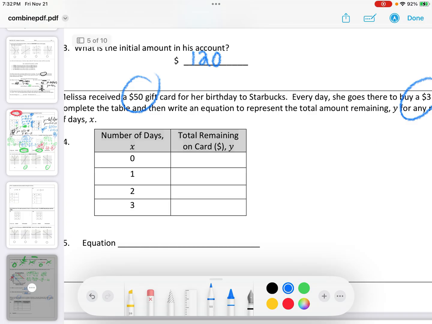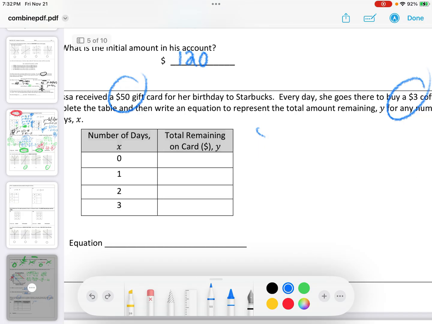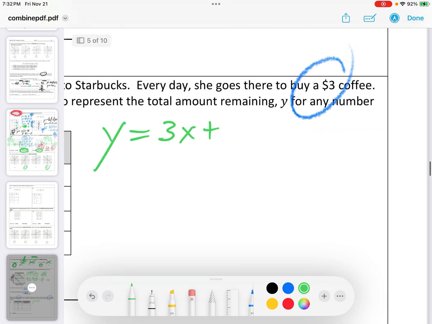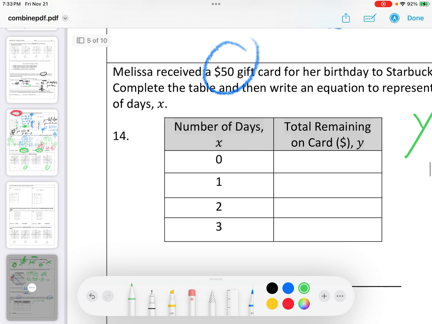So I'm going to write it with Y and X first. Let me use a regular pen here. Y is equal to $3 times however many she buys. Well, that's 50. That's our equation.